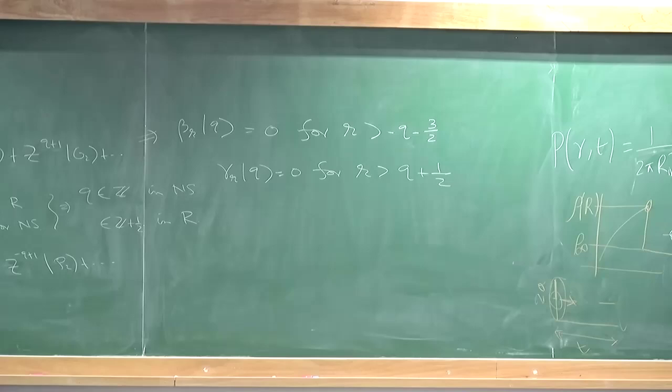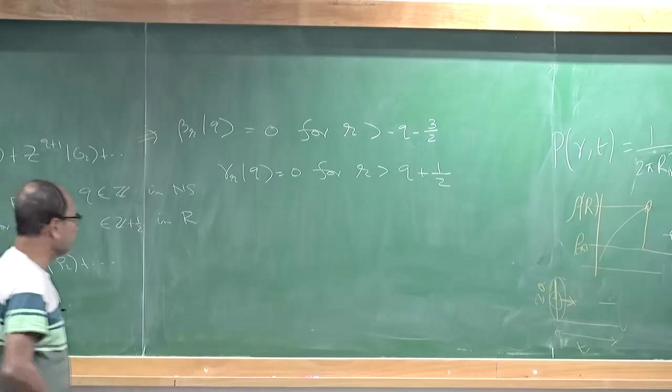We are looking at the expansion in the z goes to 0 limit, because this is valid only since we have done the OPE for small z. So you're looking at the z goes to 0 limit and trying to figure out what is the action of beta and gamma on these states.